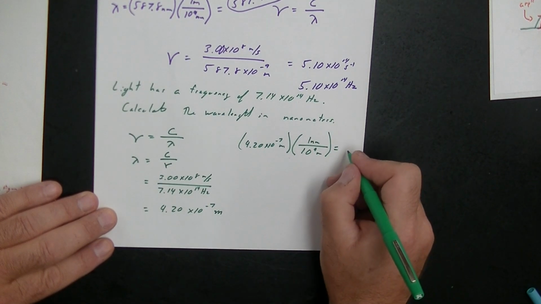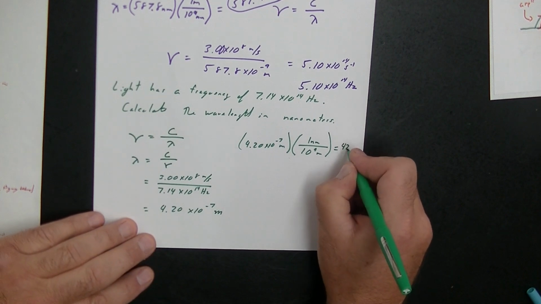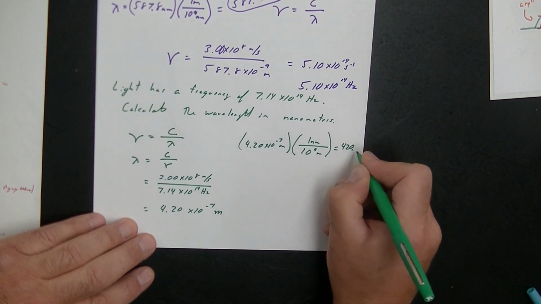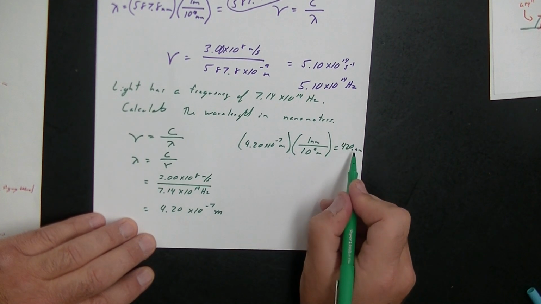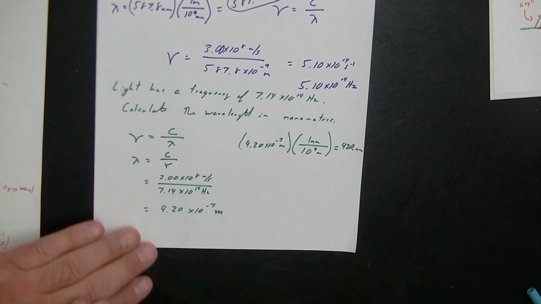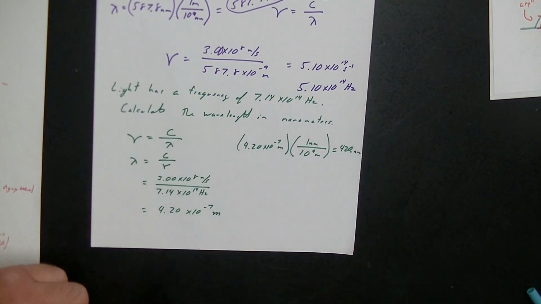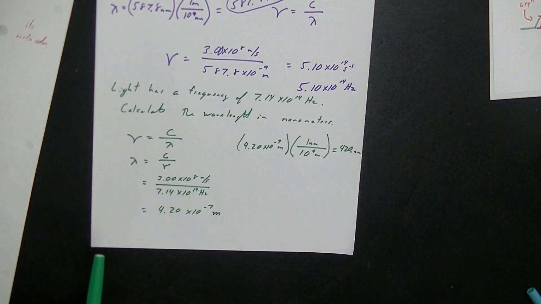So that gives me 420 nanometers. All 3 digits are significant, so you either need a decimal point or you have to put a bar over that 0. So I got 420 nanometers, and that would be my answer. These are pretty simple calculations. I don't think you'll have any trouble with those.